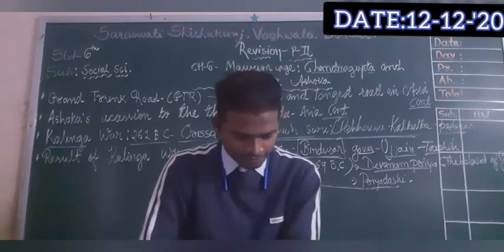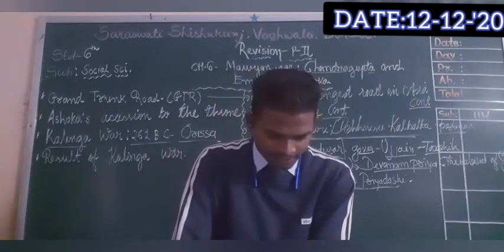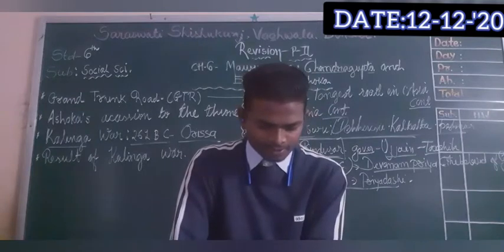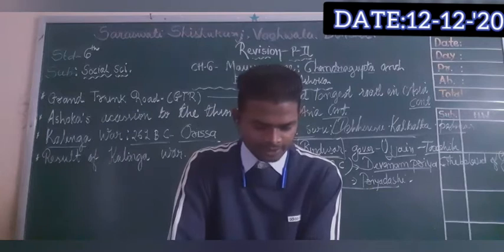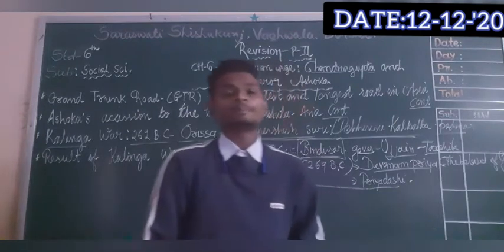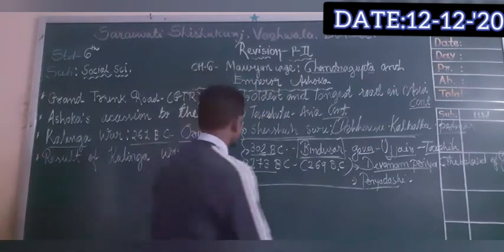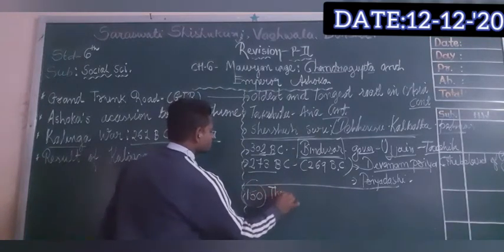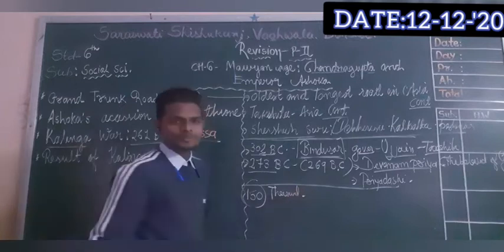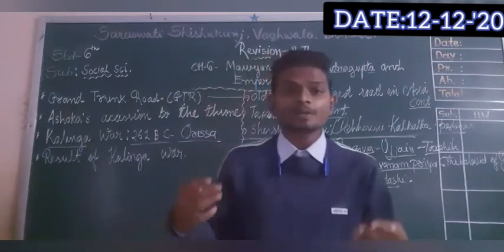So we came to know that the Kalinga people suffered much, as many as 150,000 persons were captured. 150,000 people captured during this war. Captured by whom?